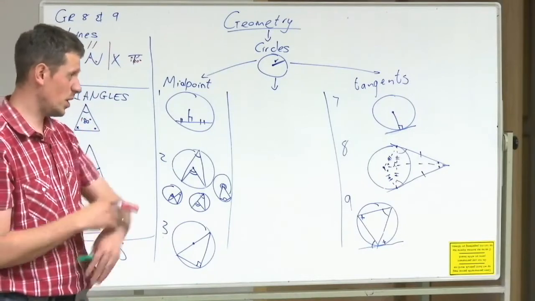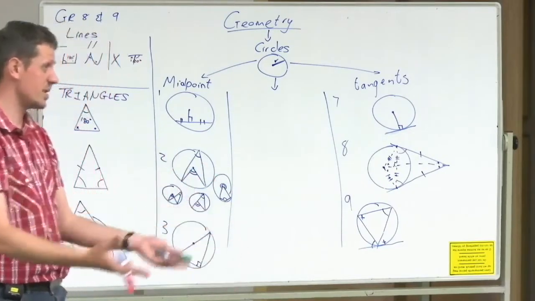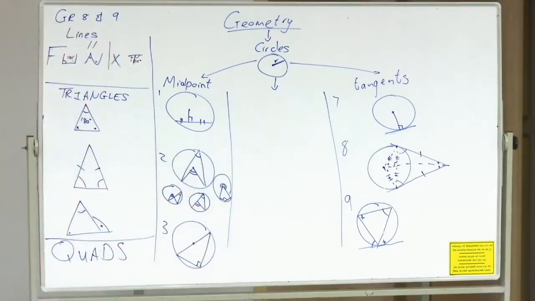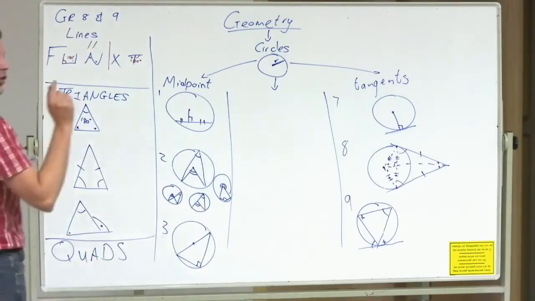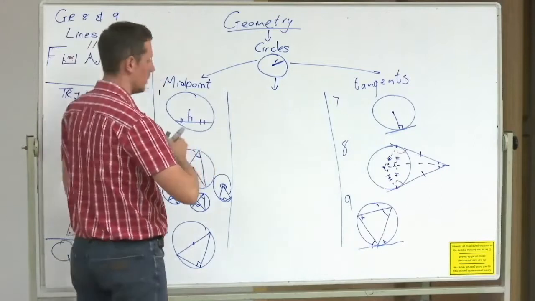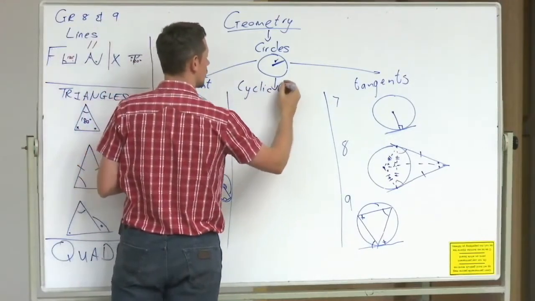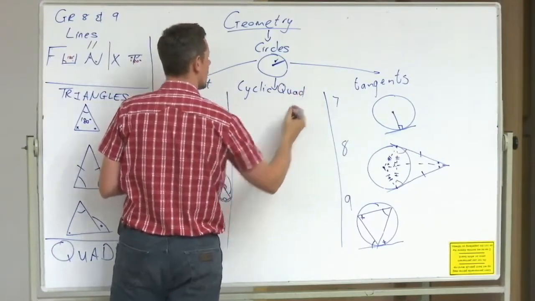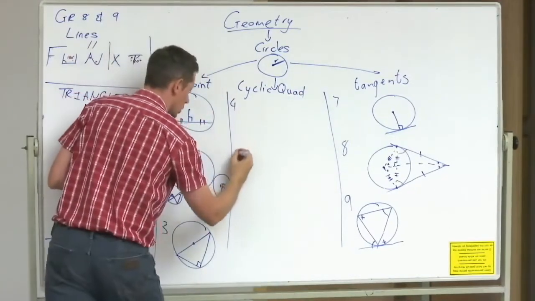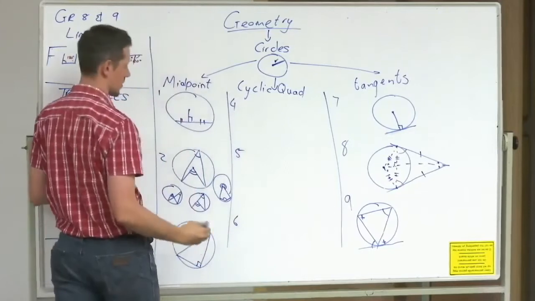No, you look at the sketch and you see whether there's a cyclic quad. Sometimes they do ask you to prove it is, but a cyclic quad you have to go and look for. Cyclic quad is theorem 4, 5, and 6.